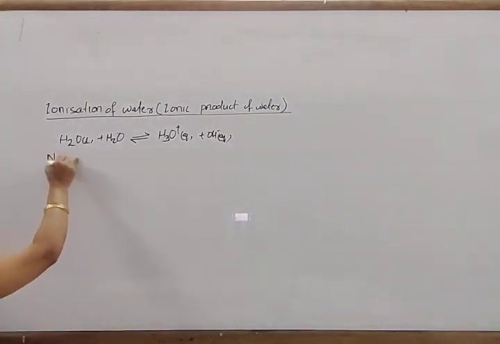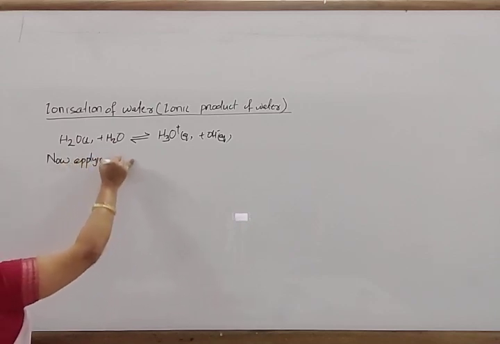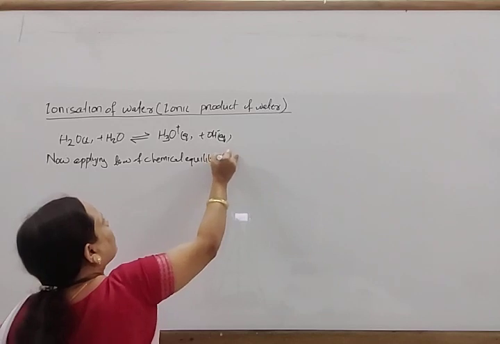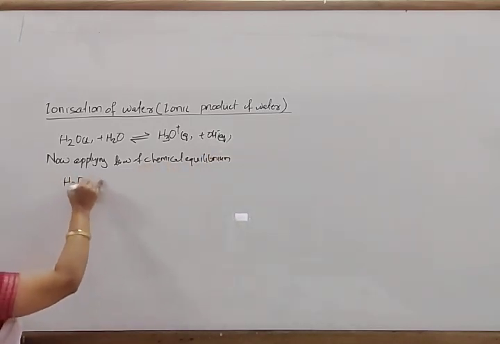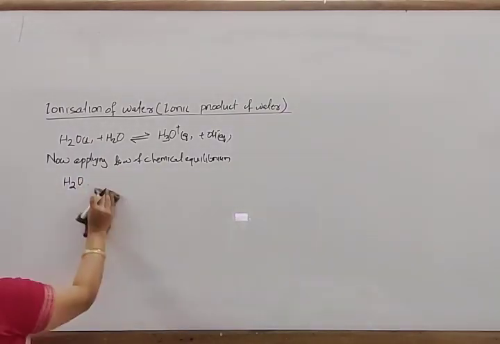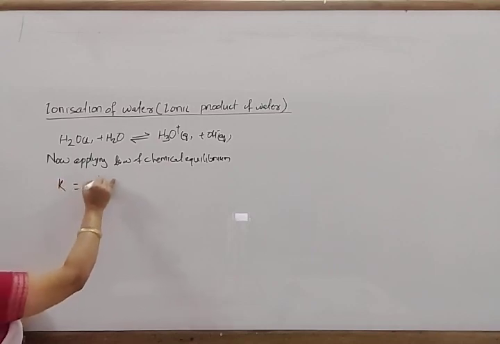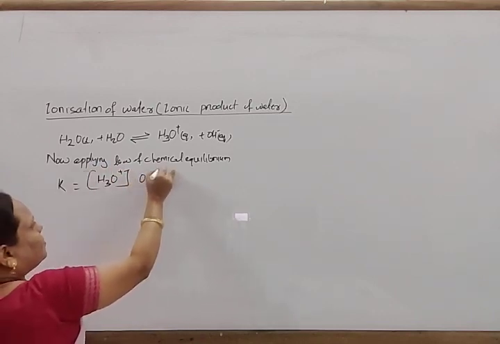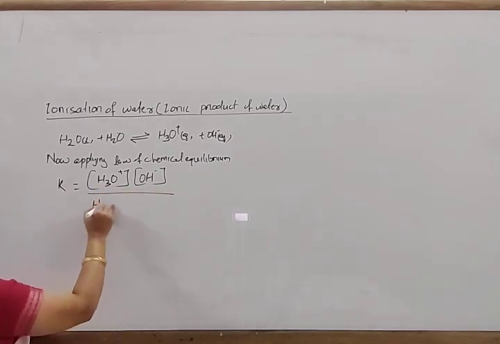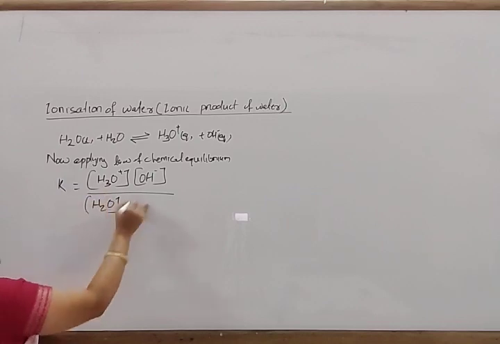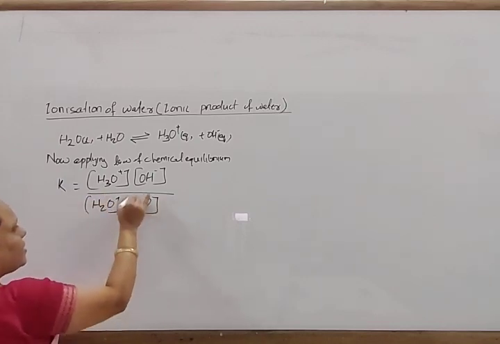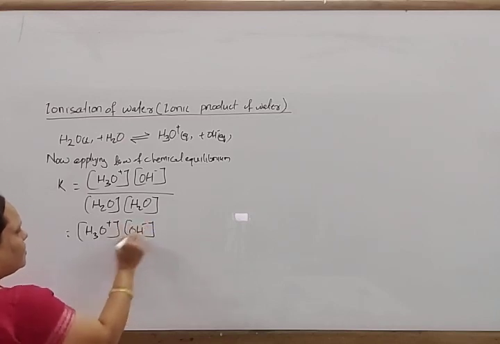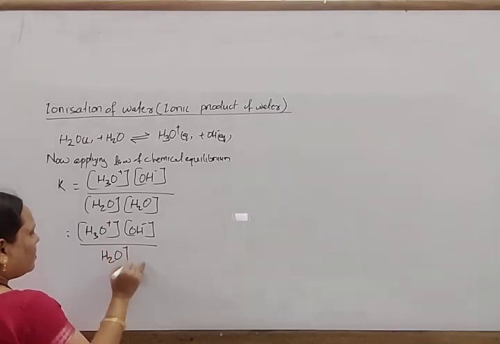Applying the law of chemical equilibrium, K is equal to the molar concentration of H3O plus into the molar concentration of OH minus, divided by H2O liquid into H2O liquid, that is, H2O liquid squared.